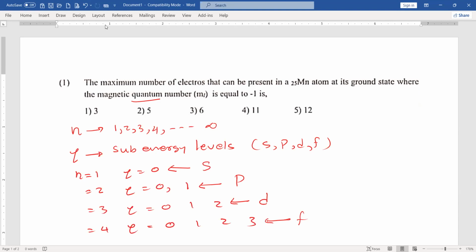So basically, for the first energy level, we have only the S sub-energy level, so we call that the S orbital. The second main energy level has 2 sub-energy levels, S and P. For the third level, we have S, P, and D. And the fourth level, we have S, P, D, and F.